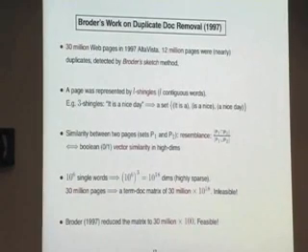At that time, in 1997, Andrei was working for AltaVista. At that time, AltaVista had 30 million pages, and he detected that almost one third of them were near duplicates.